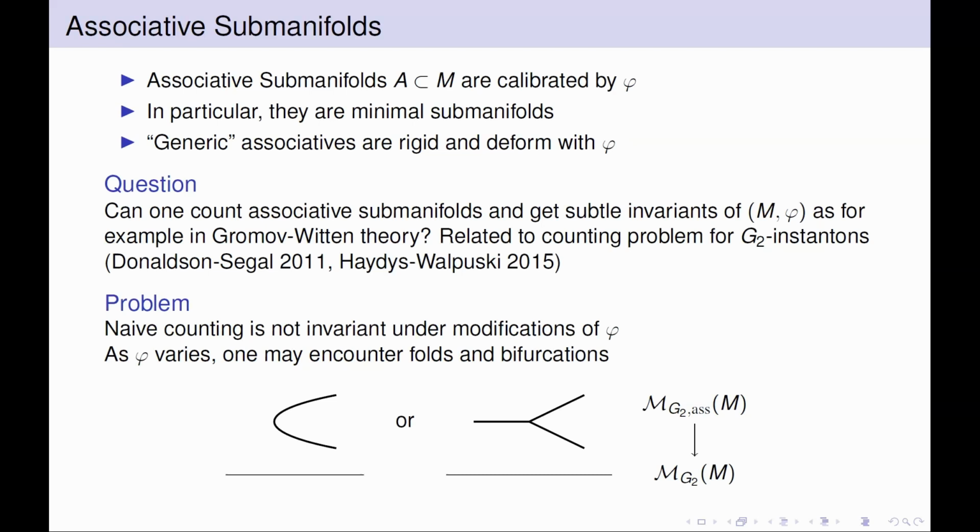The first one seems like you could count with signs and everything would be fine. But for the second one, that's a bit more tricky, obviously, because you could count modulo 2.